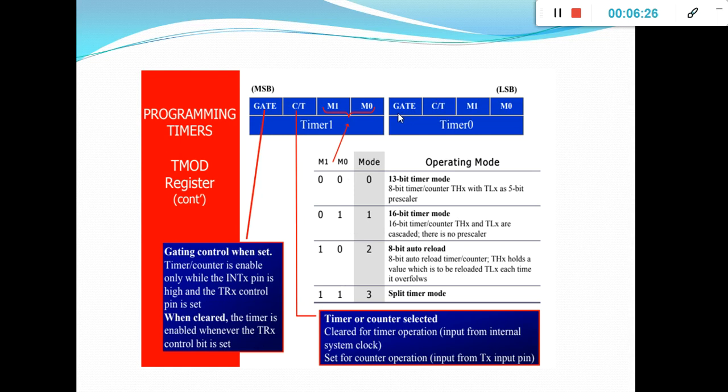Next is GATE. We'll see first C bar T. C stands for counter, T stands for timer. Whenever you write programs for timers, for time delay, C bar T is loaded as 0. When that bit, in either timer 0 or timer 1, is 0, it is selected as a timer for time delay.